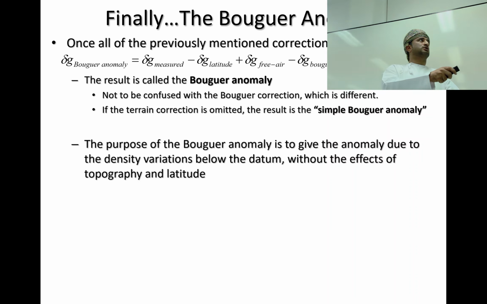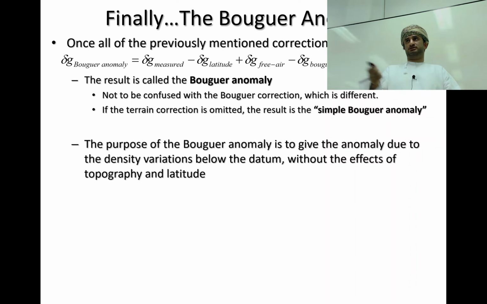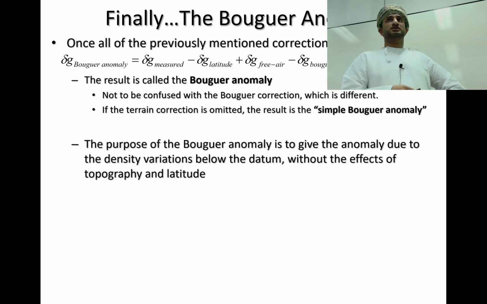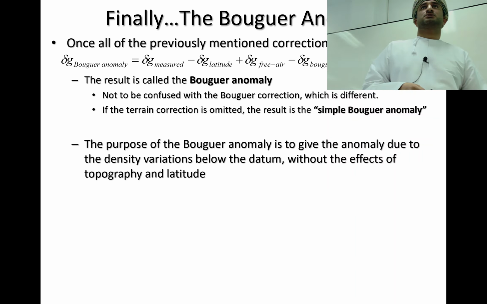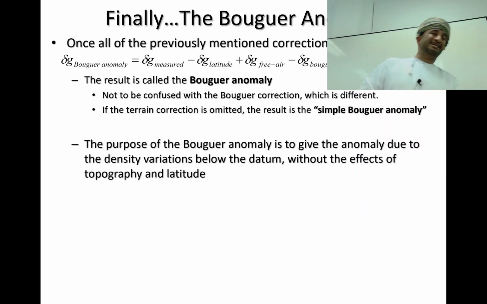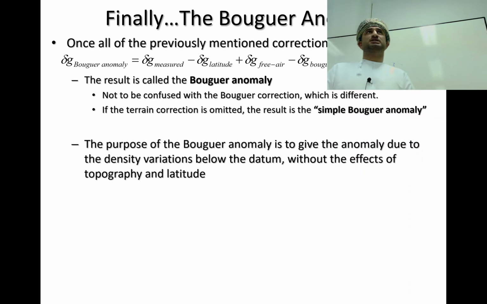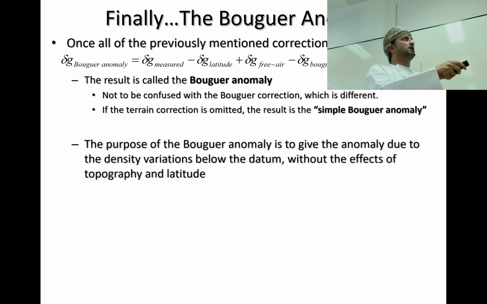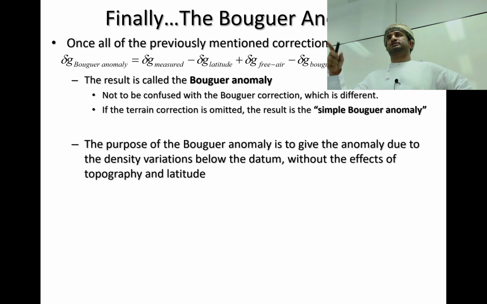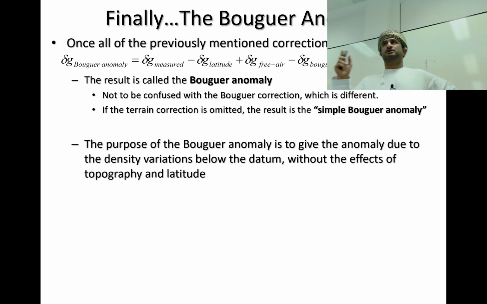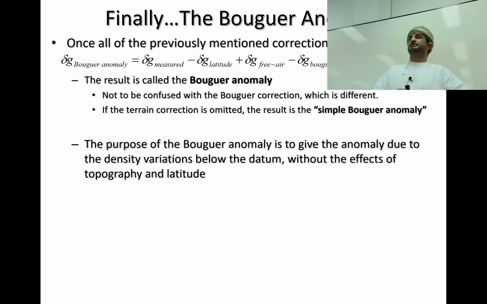So these are all the corrections we do. One thing missing is drift correction. Drift correction is very necessary. I will study later the magnetic methods, and in magnetic methods these corrections are not a must. The most important is the diurnal correction. And that's the reason the magnetic method is very, very popular.